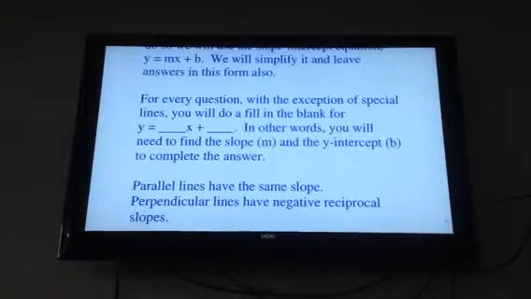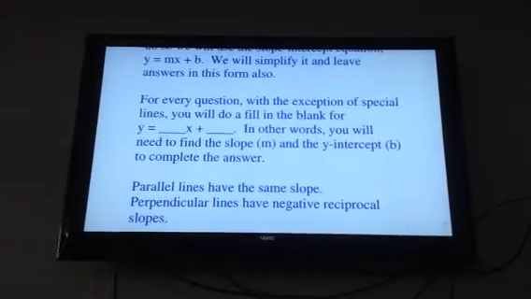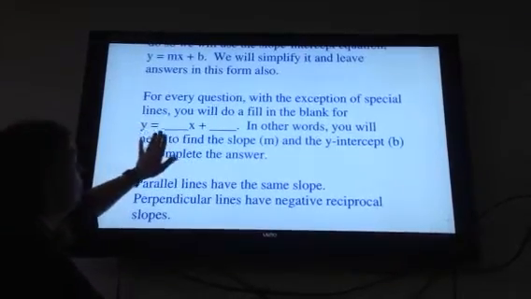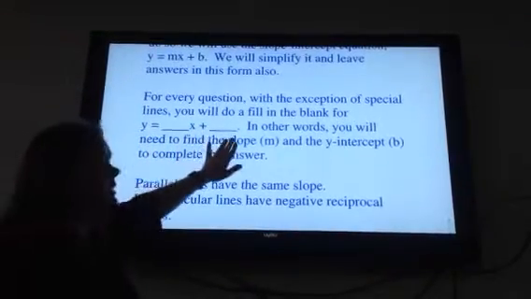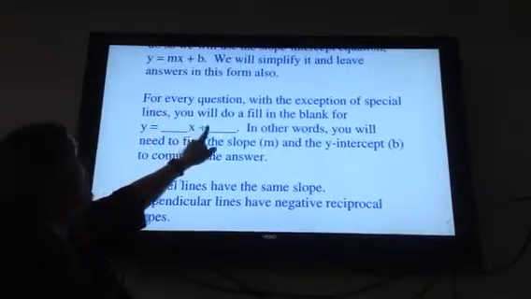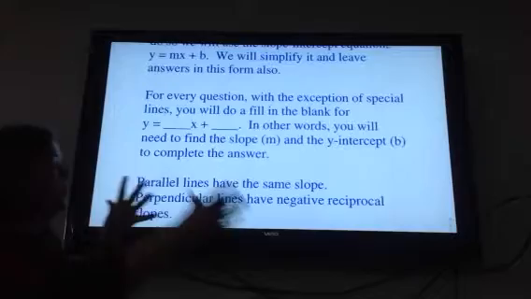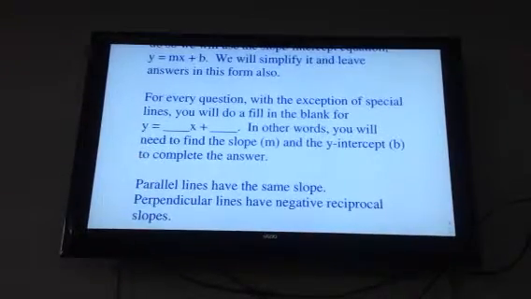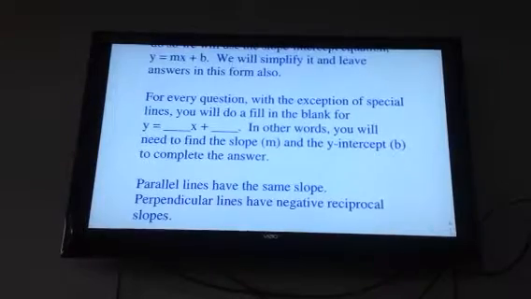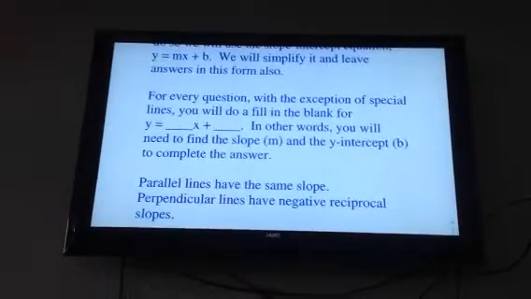So with the exception of those kind, for all of these, you're going to do a fill in the blank. You're going to have y equals something x plus or minus something. So we're going to have to find the slope, and we're going to have to find the y-intercept to complete our answer. So we're going to find m, we've got to find b, put them in those blanks, and then we have our answer.